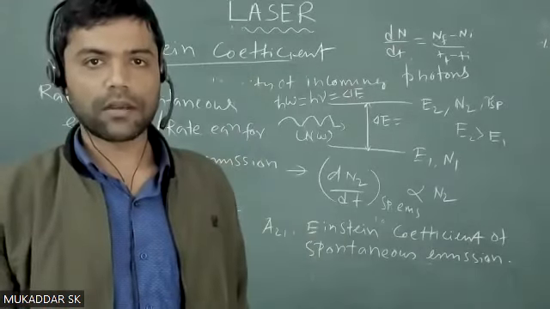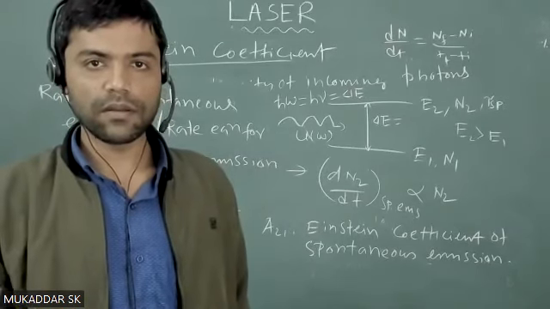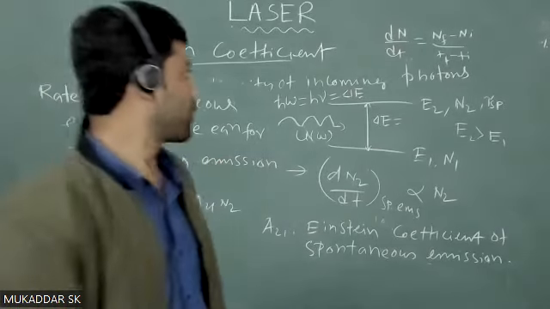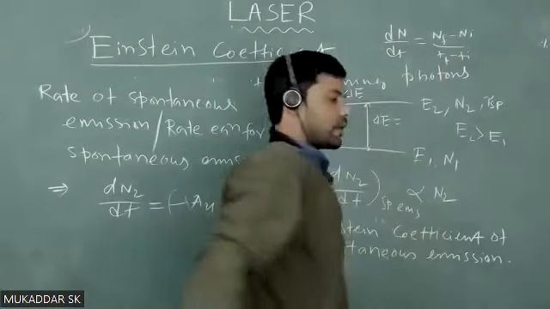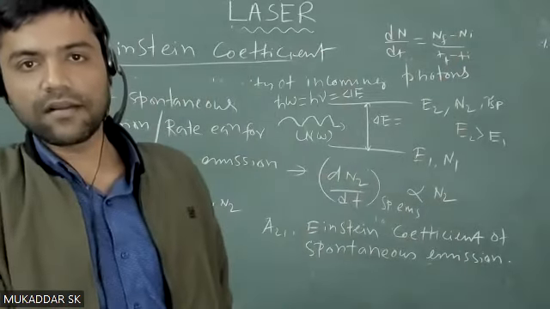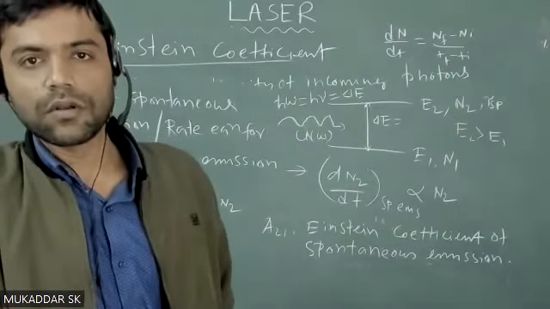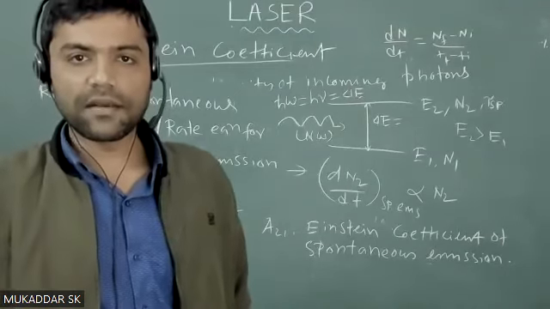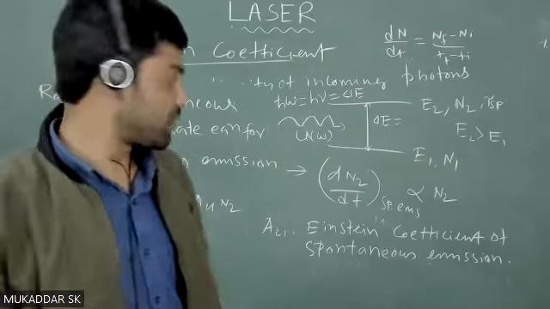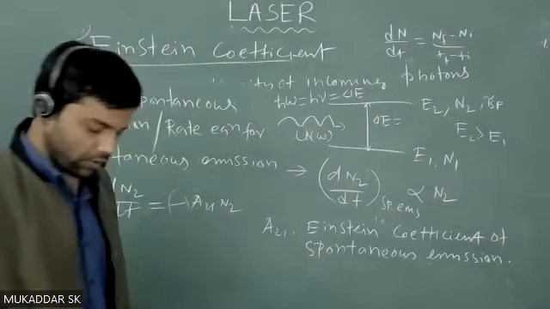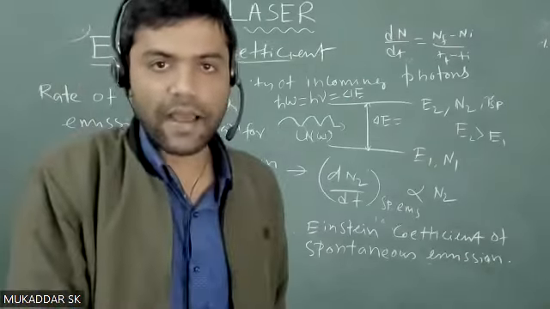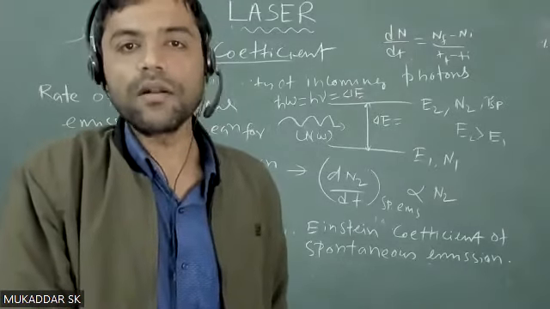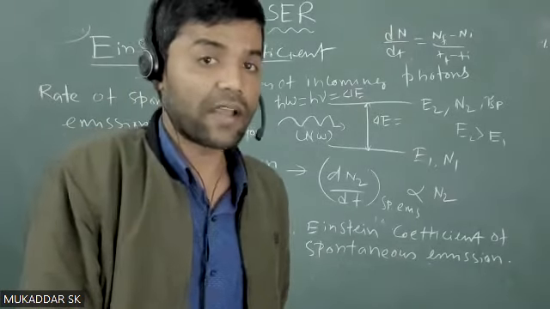But NF minus NI will be negative, because this process is decreasing the population of E2. So the population of E2 at final minus initial will be negative. So what is the significance of this minus? With progressive time, the population of E2 is decreasing by the spontaneous process.